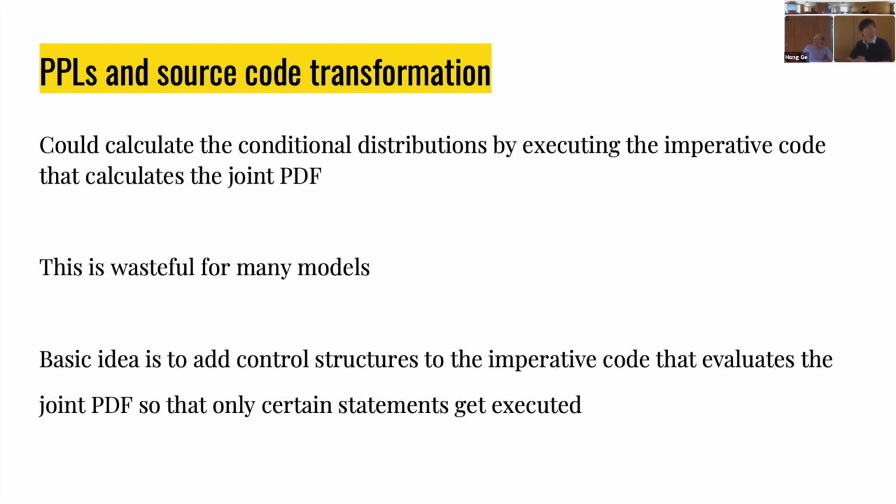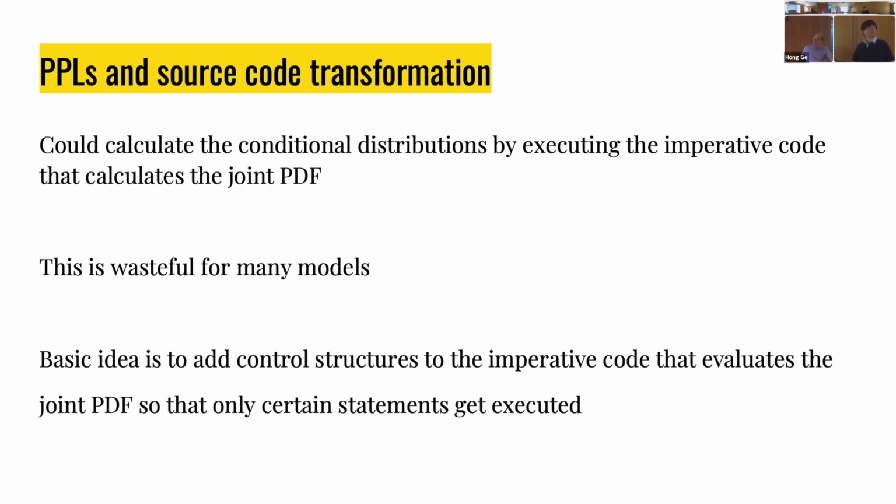So to do Gibbs type algorithms, you need the conditional distributions. You can always calculate the values of the conditional distributions by calculating the joint probability distribution. It's just rather wasteful if you have a sparse model.